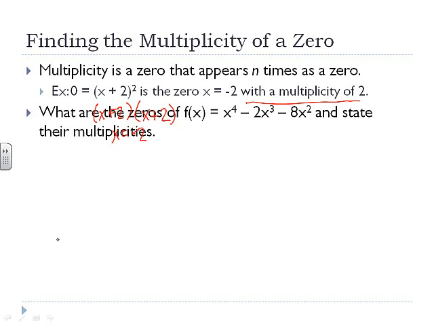So what are the zeros of this one, and state their multiplicities. So we're going to start with the function f of x equals x to the fourth minus 2x cubed minus 8x squared. First thing, if we're looking for zeros, we need to set it equal to 0.